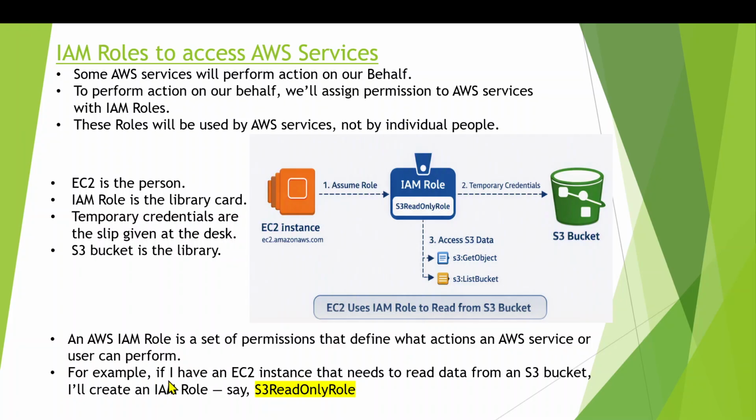For example, if I have an EC2 instance that needs to read the data on an S3 bucket, it will use an IAM role with this role name. So this is what we use an IAM role for. And now after this, let's jump into a practical example.